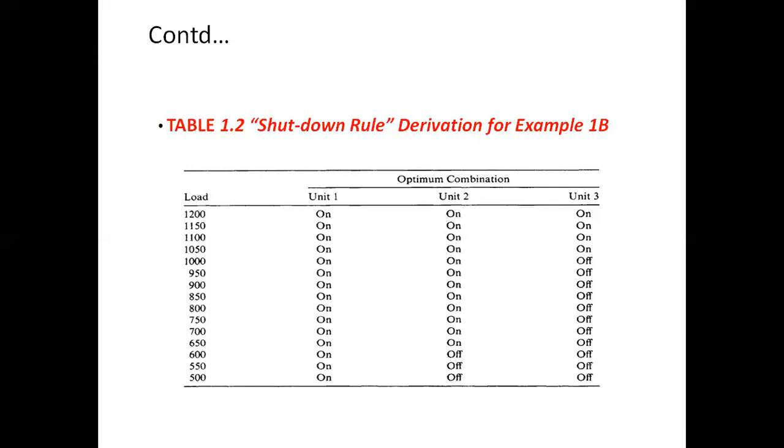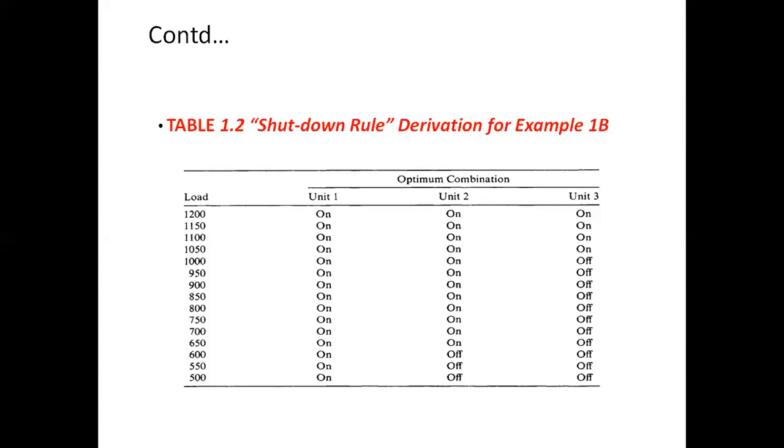But today we'll see how the priority list scheme comes into play, and with the help of the priority list scheme, how this conception changes below 600 megawatt load demand, and which units are in running condition.